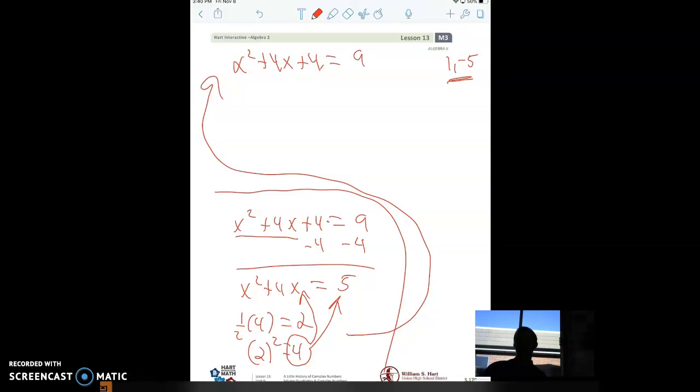And remember, after you add the magic number to both sides, you have to make it a parentheses squared. This is going to be x plus what? The inside of the parentheses is always half the middle term.